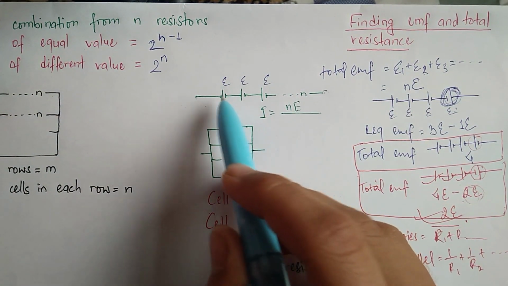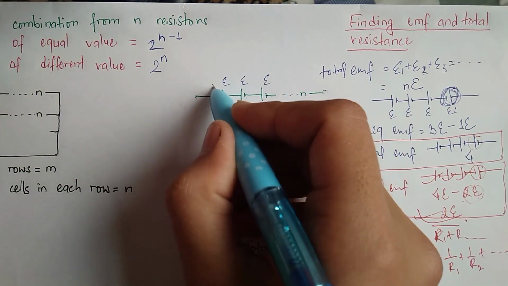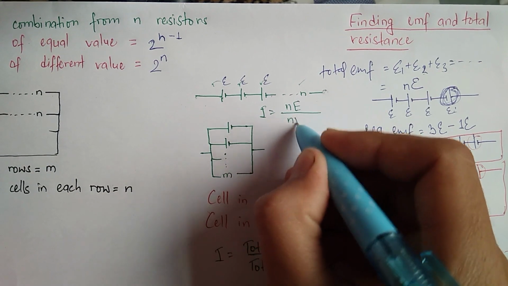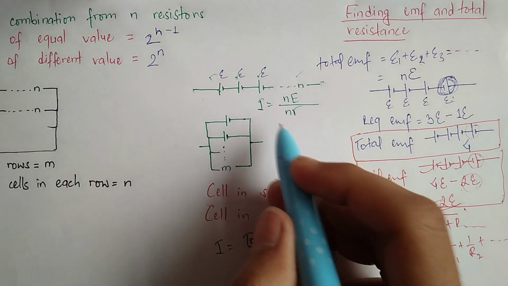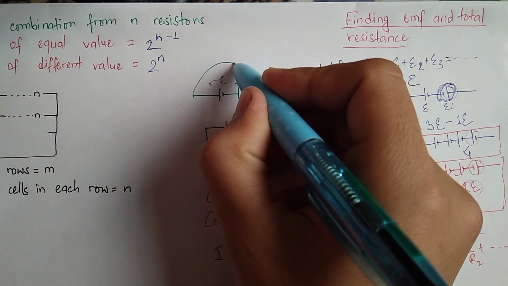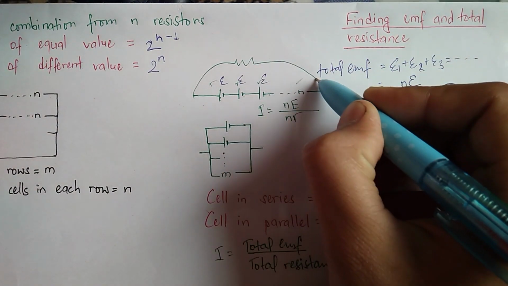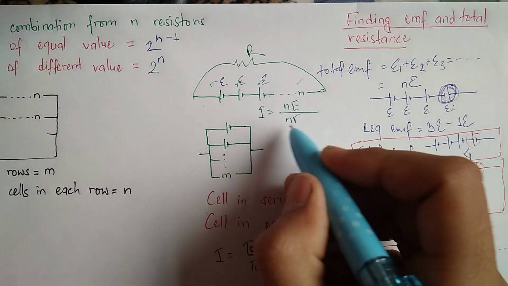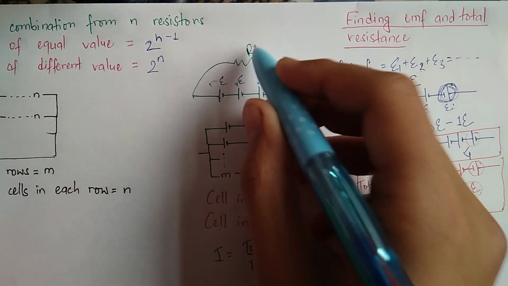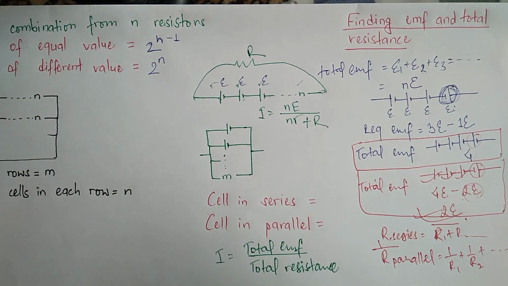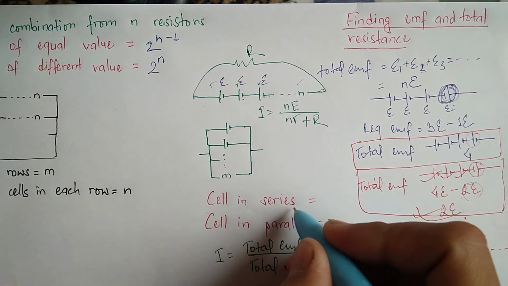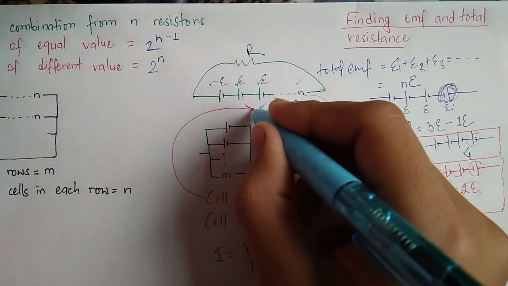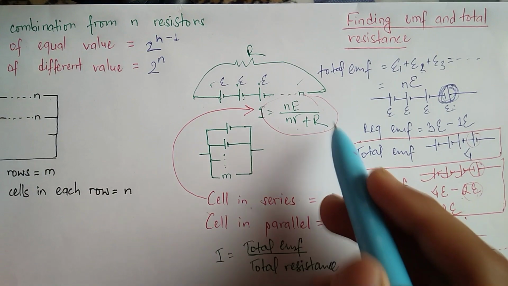And then the resistance will be R. It will have internal resistance R, so internal resistance will be nR. Wait, not only internal resistance, but there will be external resistance too. External resistance will be R. So now total resistance will be nR plus R, because it is in series. So this is the required relation for current in series. Cells in series, then I is equal to nE by nR plus R.